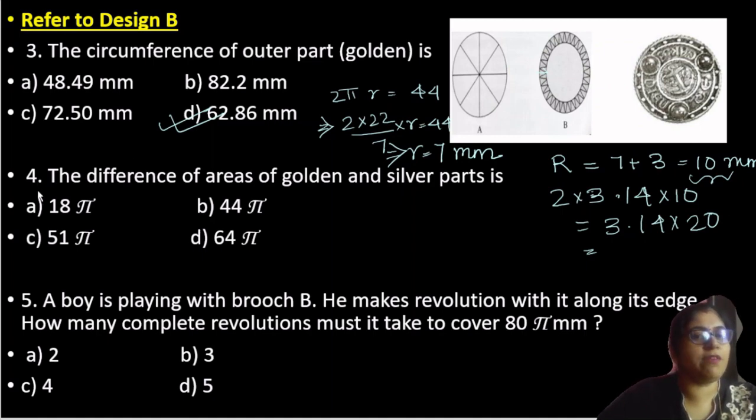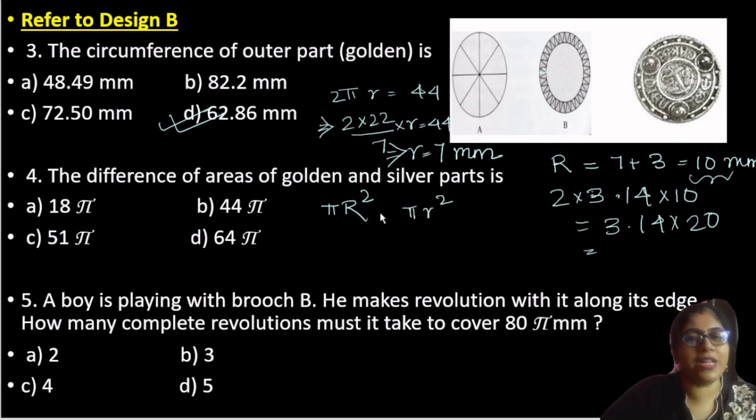Then question number 4, the difference of areas of golden and silver part. So the golden part is the entire outer part and the silver part is the inner part. So the area of golden part is pi capital R square and area of silver part is pi small r square.